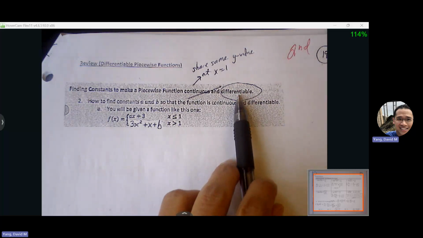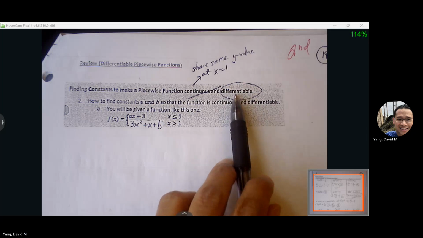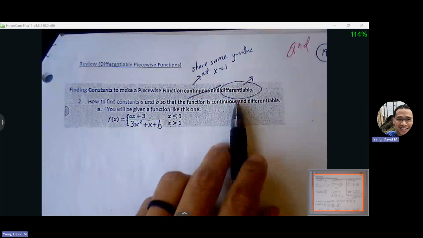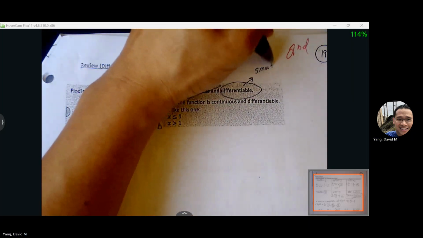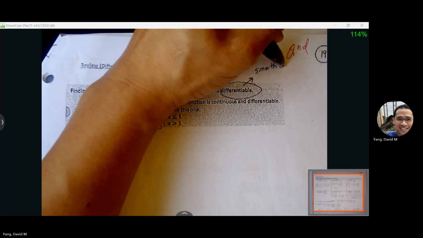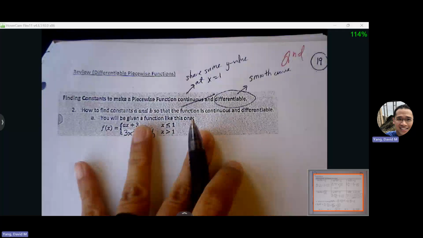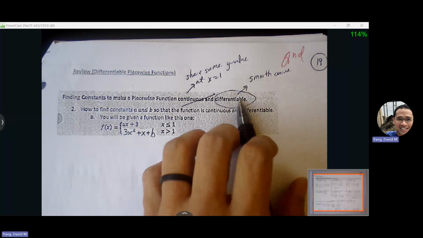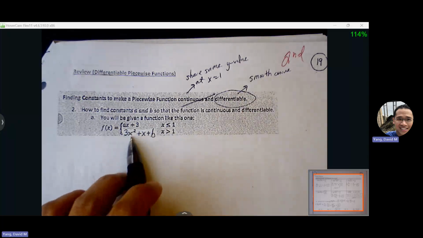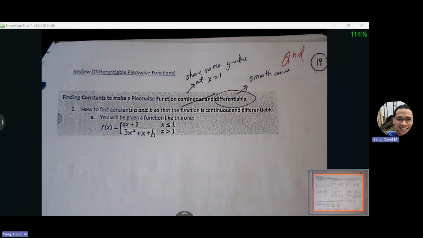What does differentiable mean? Differentiable means smooth curve, and it has to do with slope. So if it's a smooth curve, that means both my expressions, not only are they connected, they must connect in a way where it's a smooth transition.